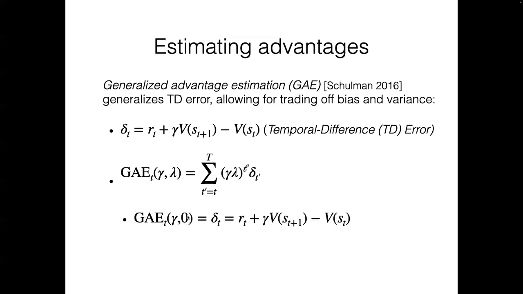If you set lambda to 0, then you get back this temporal difference error, which we said is, in some sense, an estimate of the advantage. If you set this lambda to 1, then you get this here, which we saw when we use the value function as a baseline. And then you can basically interpolate between them and control whether you introduce bias or variance.